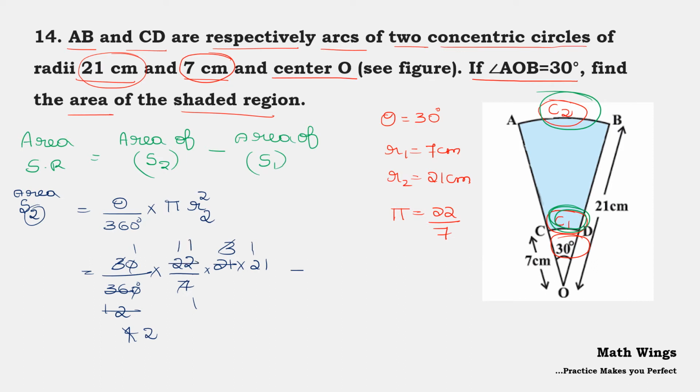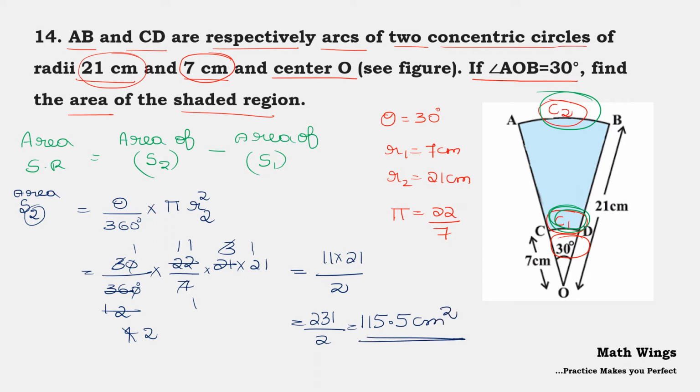When I multiply, I will get 11 into 21 divided by 2, that is equal to 231 divided by 2, which is 115.5, and the unit is centimeter square.